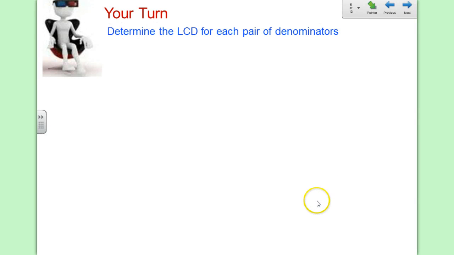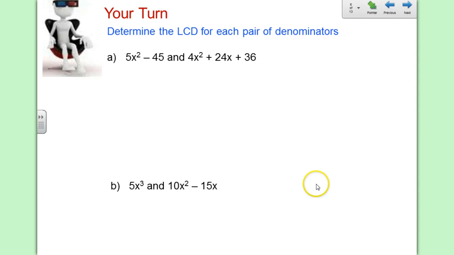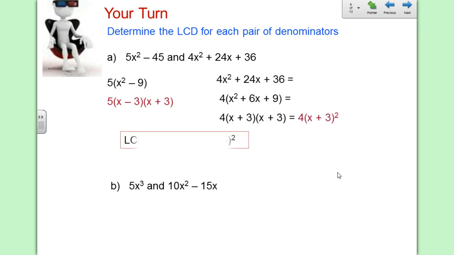Okay, your turn. Find the lowest common denominator for each pair of denominators. The first thing you have to do is factor them. If you don't factor them, you can't see it. So if I factor them, I would have a 5, x minus 3, and x plus 3. In this one, I would have a 4, x plus 3, and x plus 3. So what's the smallest number of pieces that I need?